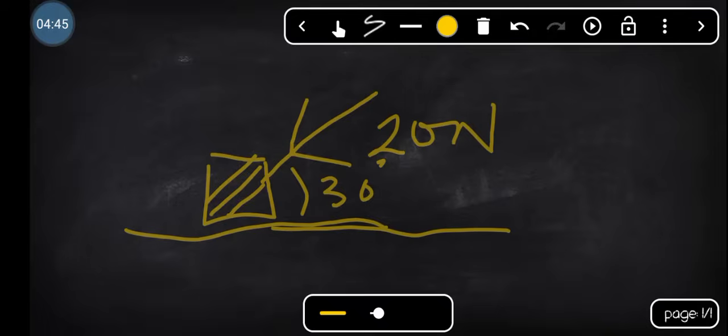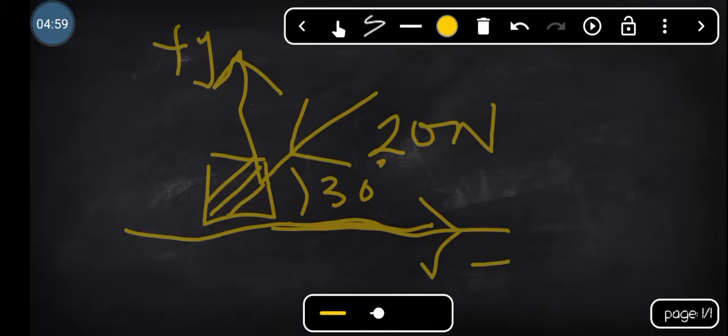What we mean is that we find the vertical component of this force, which is along the positive y-axis, and the horizontal component, which is along the positive x-axis. Putting the forces into the vertical and the horizontal is what we call the resolution of forces.